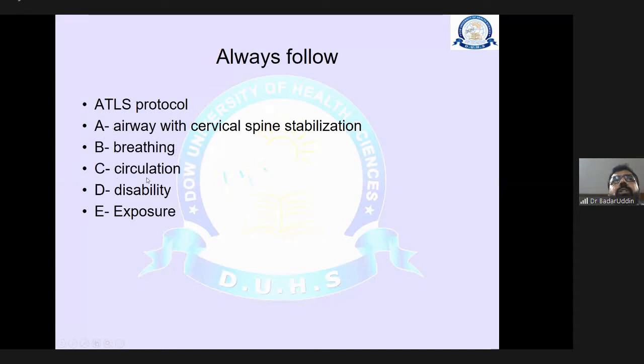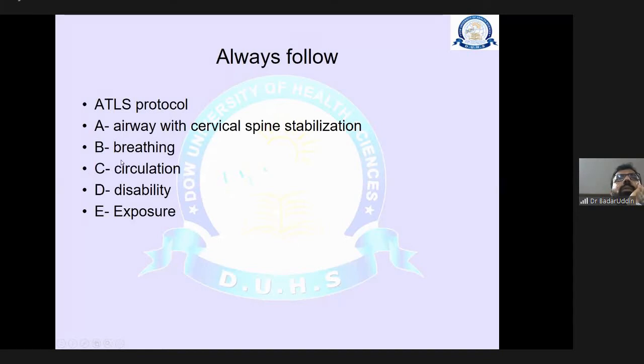For circulation, check pulse and blood pressure. The pulse will indicate which type of shock the patient develops. There are basically 4 types of shock in hemorrhage, in pelvic trauma due to hemorrhage. So how will you assess? Check the pulse and blood pressure.